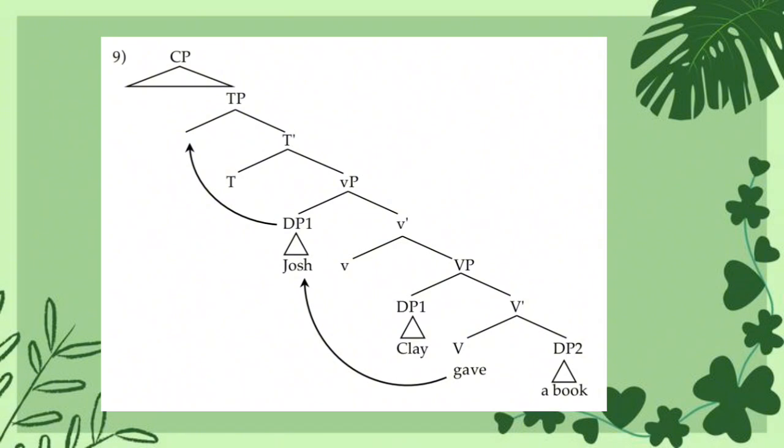It also accounts for the asymmetric c-command effects between the two post-verbal DPs. There are, however, a number of problems with this analysis still. One thing that is a bit of a mystery is how case gets assigned to the two entities, especially the one that is labeled DP1 in number 9.